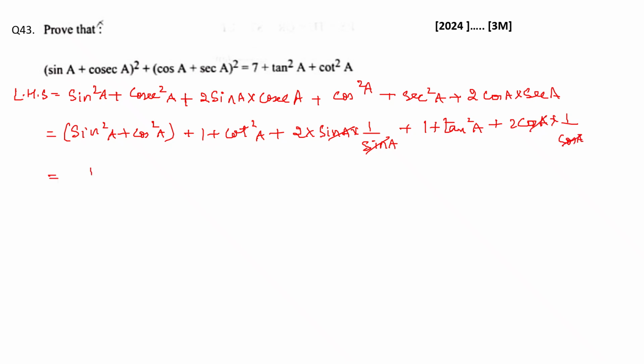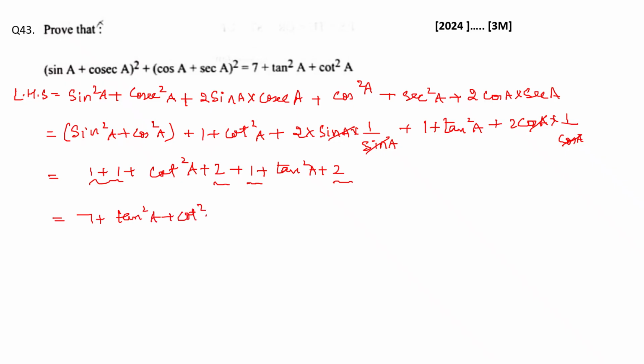So this is 1 plus 1 plus cot square A plus 2 plus 1 plus tan square A plus 2. So 1 plus 1, 2, 2 plus 2, 4, 5 plus 2, 7. So it is 7 plus, rearranging it, tan square A plus cot square A. That is only your RHS. Okay. So done, question 43.